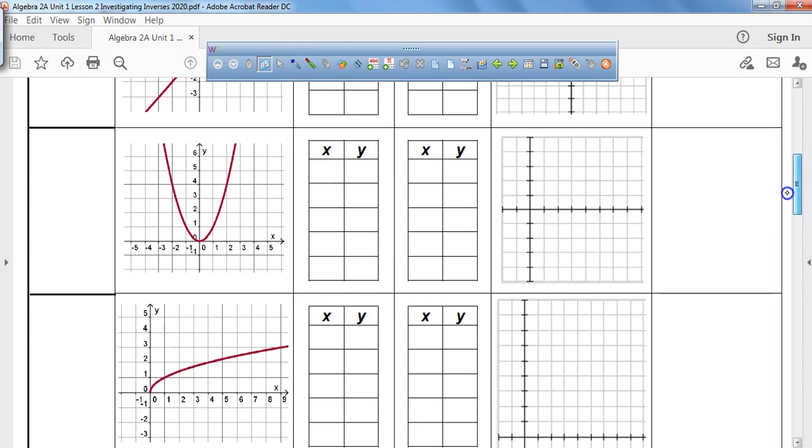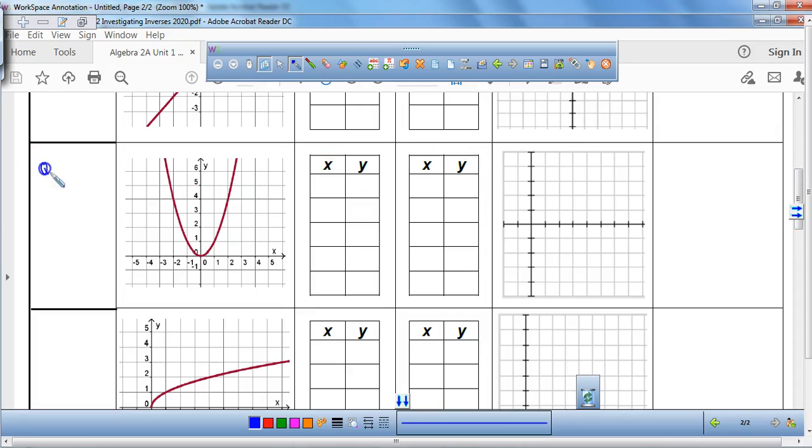Alright? So, this right here is a quadratic. And it's going to be f of x equals x squared, also known as y equals x squared. However, let me go to Desmos real quick, because I want you guys to see something.